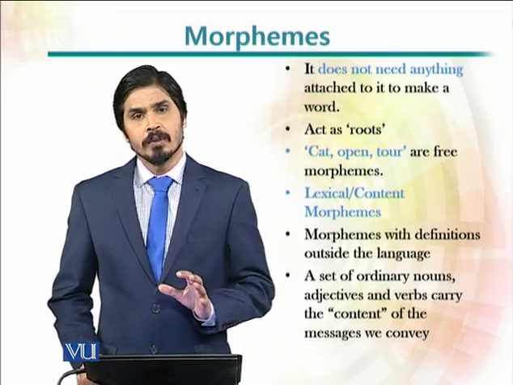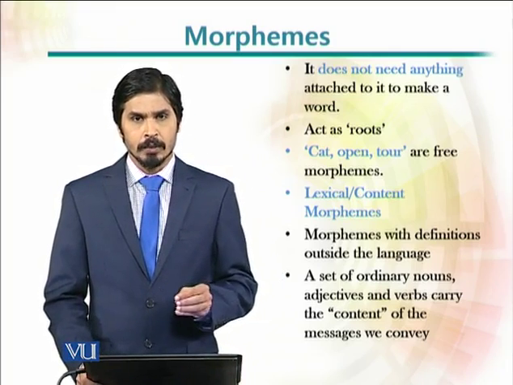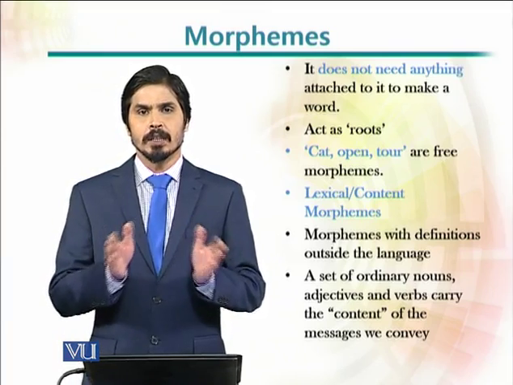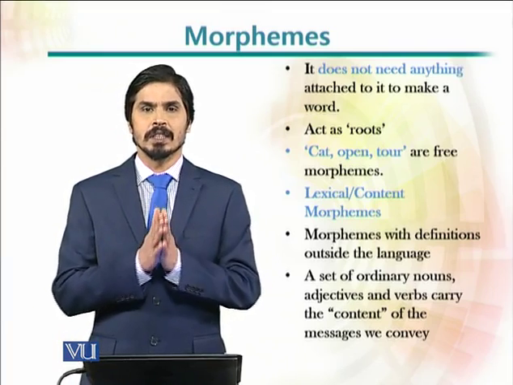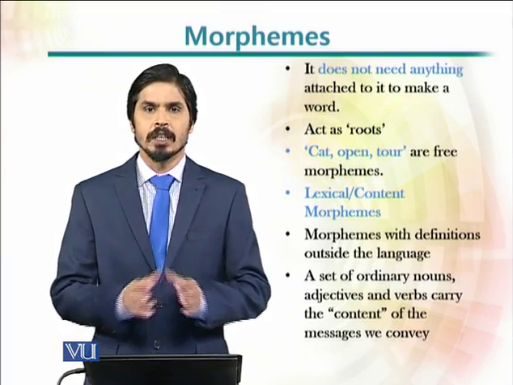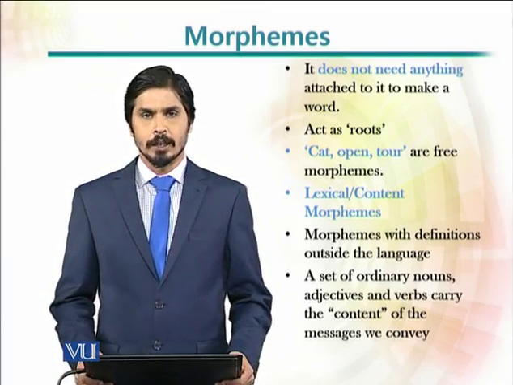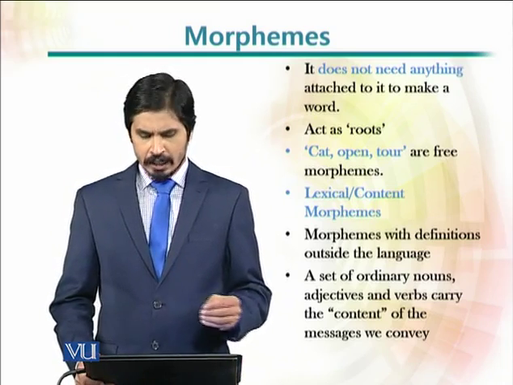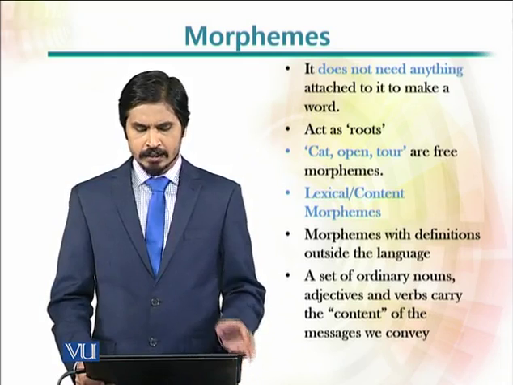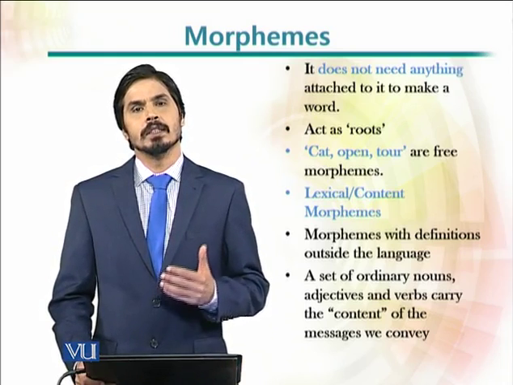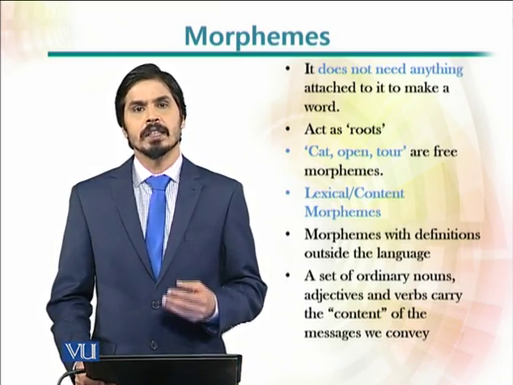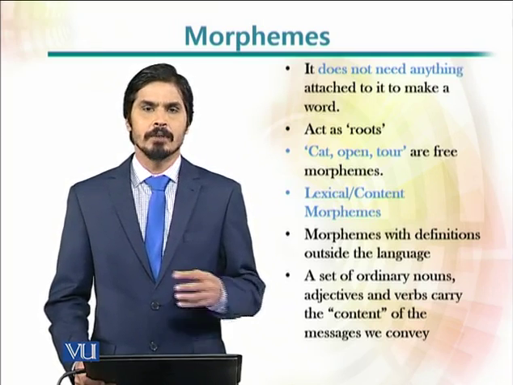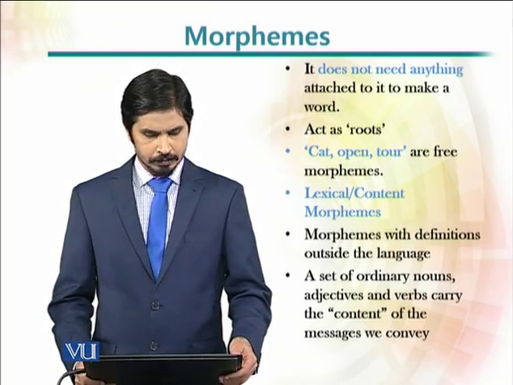Free morphemes could be divided into lexical or content morphemes and functional morphemes. Lexical morphemes are those which involve basic content words which carry the major meanings in a language. And this includes the words like nouns, adjectives, verbs, which carry the content of a language, and they have their clearly described definitions in the language.